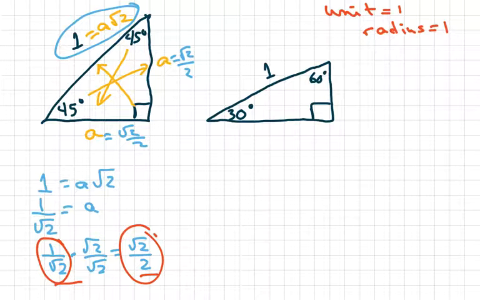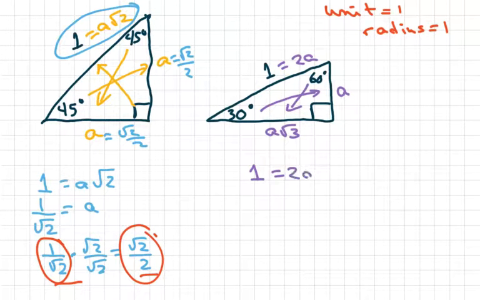All right, and we're going to do the same thing for the 30, 60, 90 triangle. The side across from 30 is A, the side across from 60 is A square root of 3, and the side across from 90 is 2A. I'm going to do the same thing. Solve for A: 1 equals 2A, so A equals 1/2.